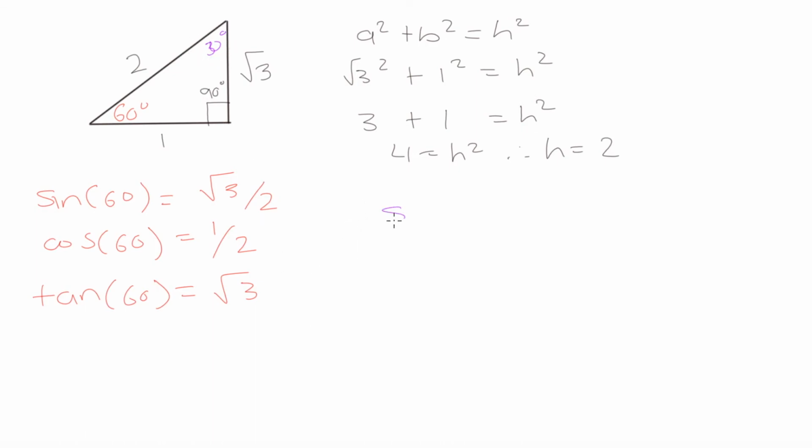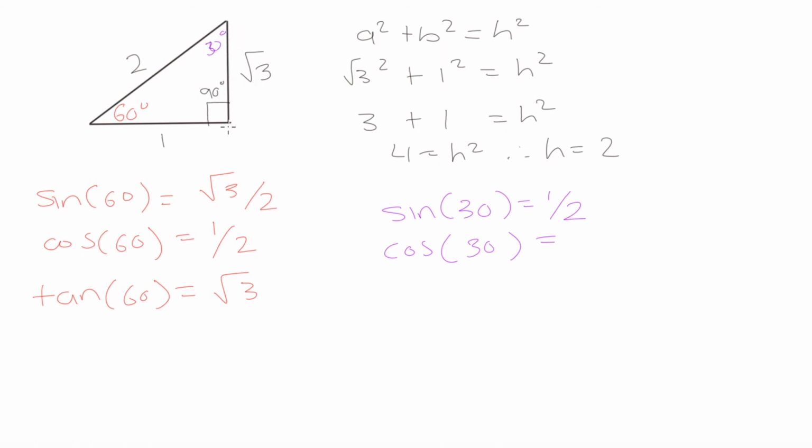So if we're trying to find sine of 30, then we know that sine is opposite over hypotenuse. Our opposite to this angle is going to be this side here, so that's going to have a value of 1. And our hypotenuse here has a value of 2. So sine 30 is 1/2. Cosine 30 is going to be the adjacent side over hypotenuse.